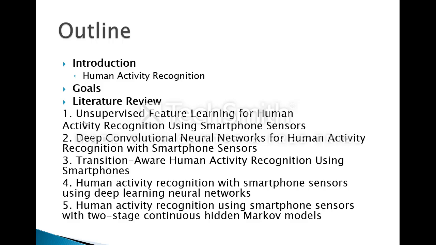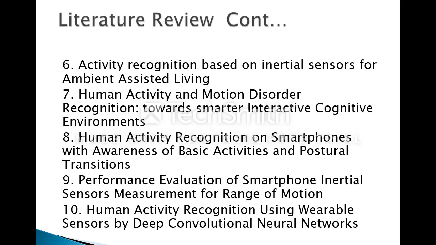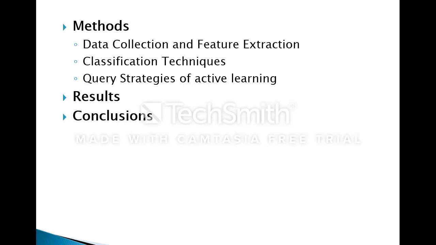Here is the heading of the papers that I've used, and I made a research on them, and I did find some interesting facts from these different papers. Next we will discuss the methods, the results, and then the conclusions from all this study, from all this work done.